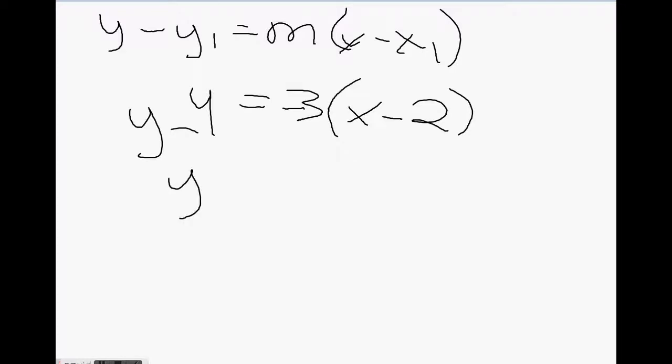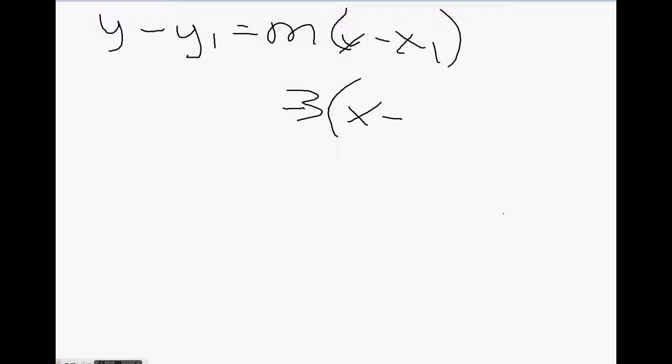So y minus 4 equals -3 times x minus 2 is your answer. There you go. That's how you write it in equation of the line form. All right, next.